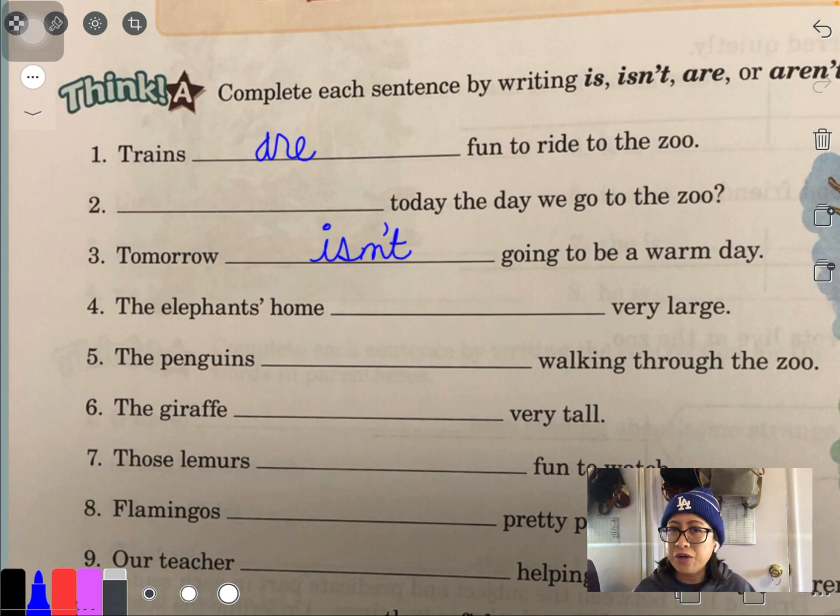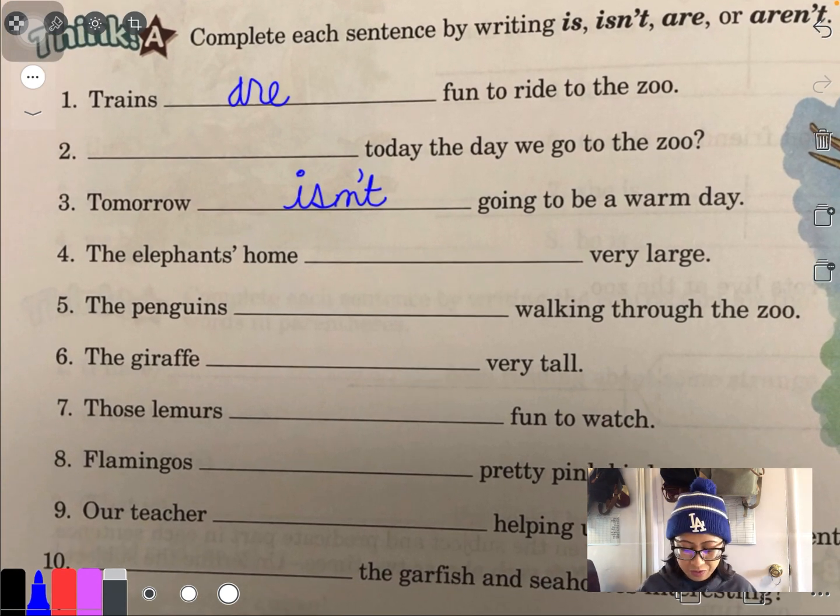And here I think I'll allow it if you write isn't, because right now I'm filming this on a Friday. It's cold and it's cloudy and it's wet outside. So I'm going to predict, hypothesis, old spelling word, that it may also not be sunny tomorrow, Saturday. So tomorrow isn't going to be a warm day.